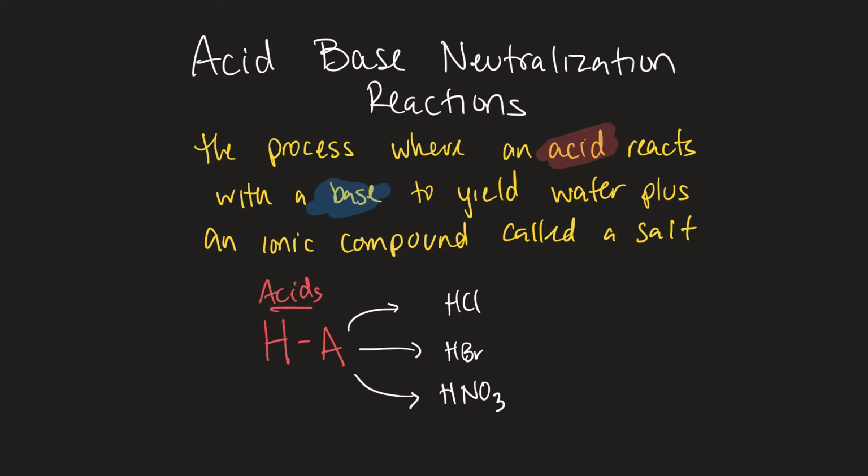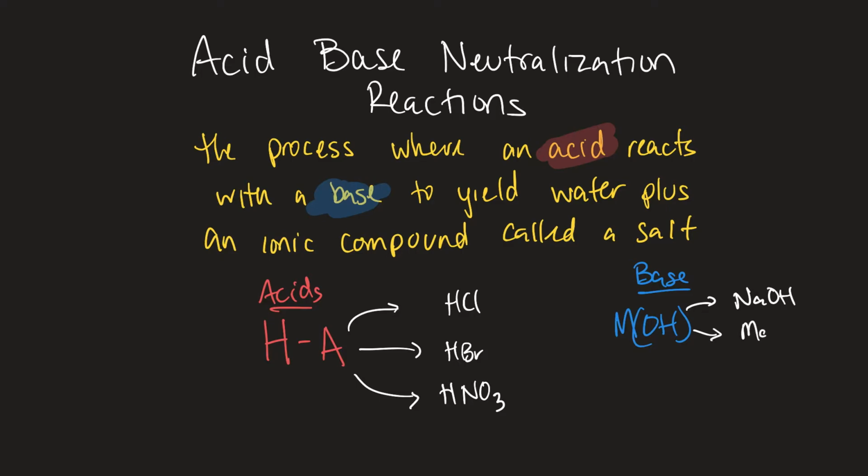Now a base is when you have a metal, which I'm going to call M, bonded to a hydroxide ion. Any type of metal bonded to a hydroxide ion. For example, sodium hydroxide: Na is your metal, OH is your hydroxide.